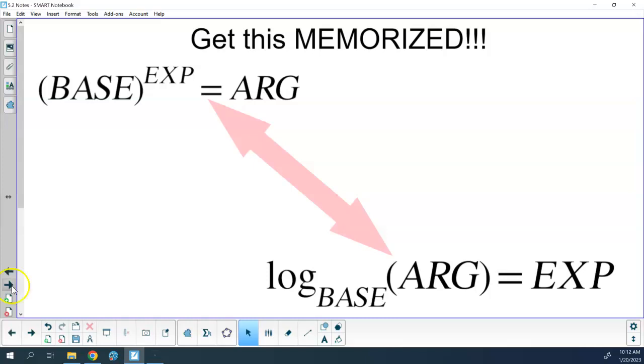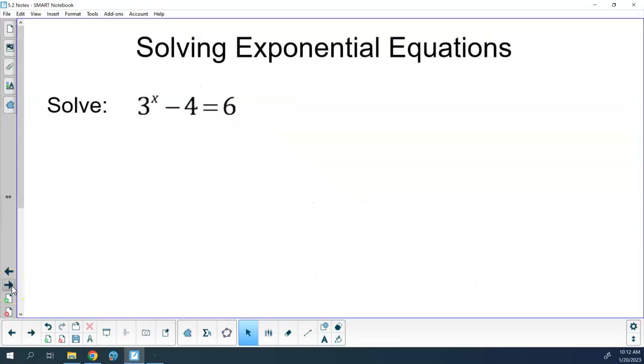All right, let's do it. Here we go. Okay? So we're going to solve exponential equations today. And then in about 10 minutes, we're going to solve logarithmic equations. So the first step in both is we need to isolate whatever it is that we have.